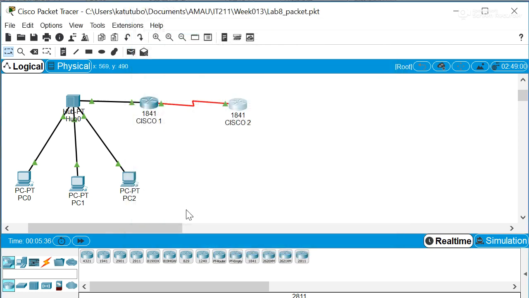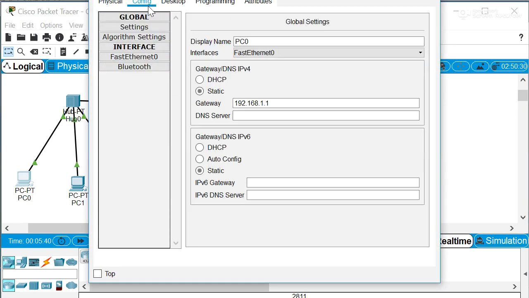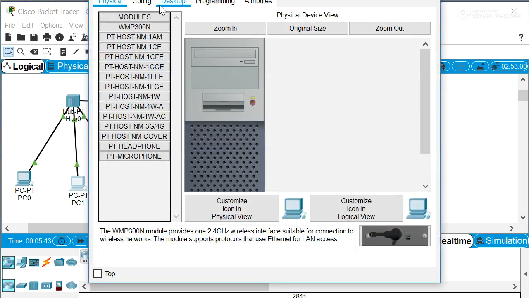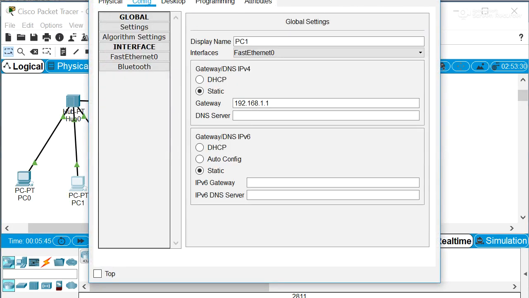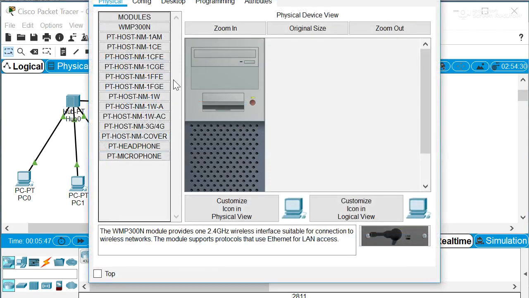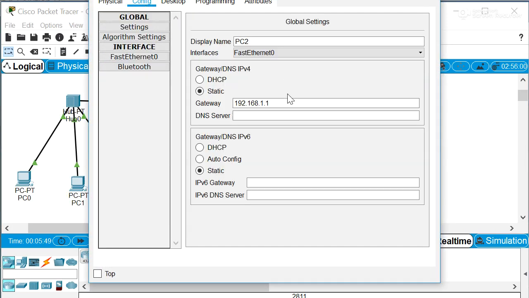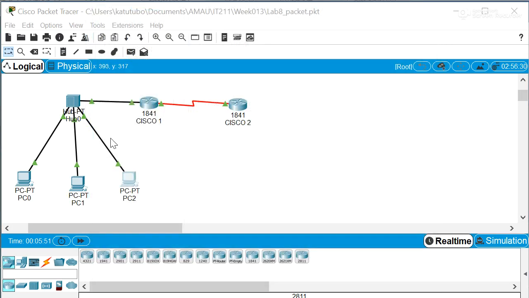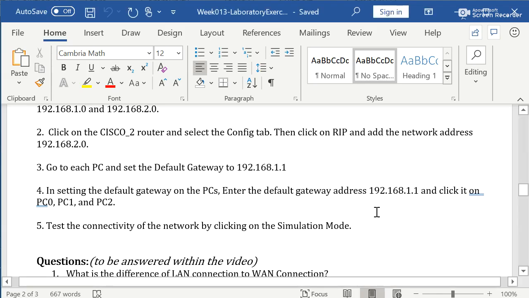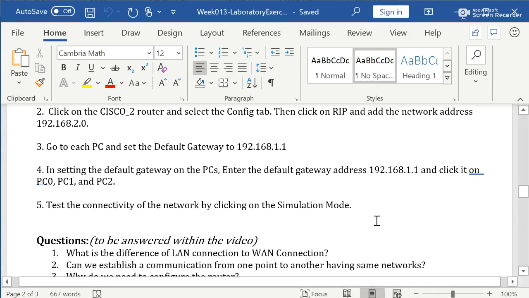Then I need to set the default gateway. Okay, it's already configured. Okay, configured. Then I need to go to simulation mode.